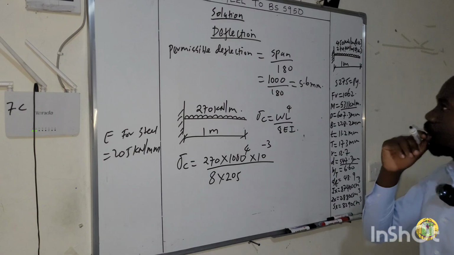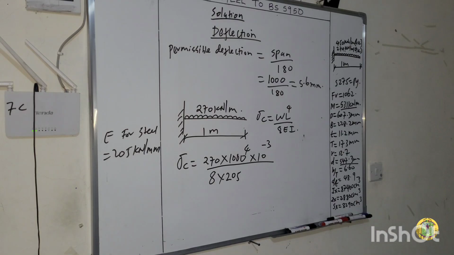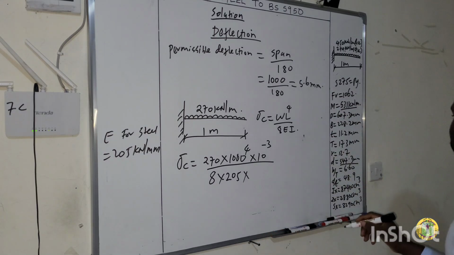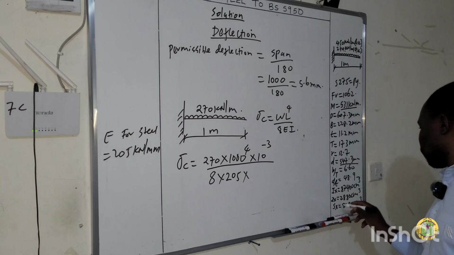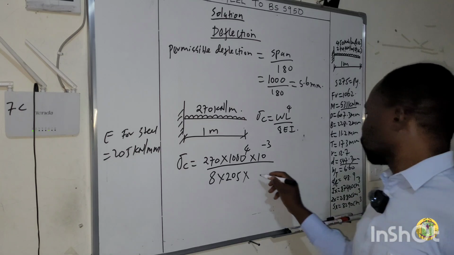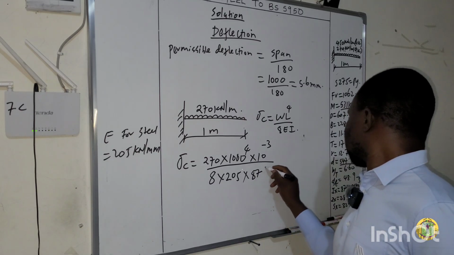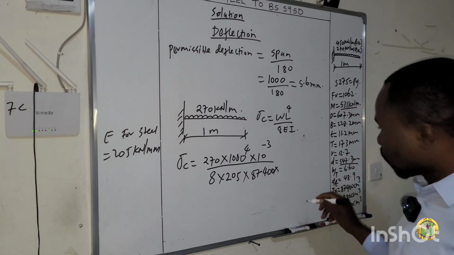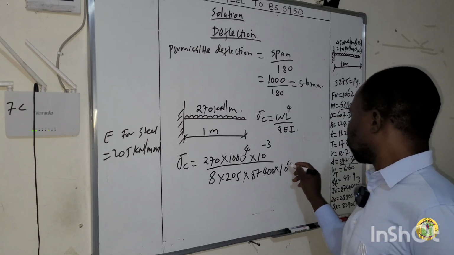And E is the Young's modulus of elasticity, times I. Our I here is 87,400, then times 10 to power of 4.